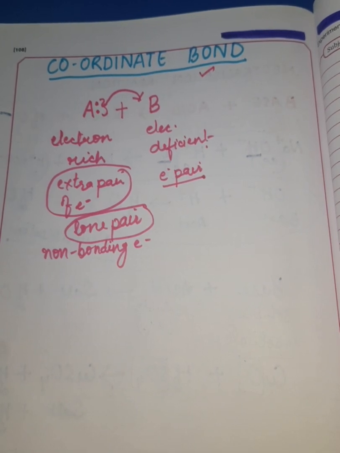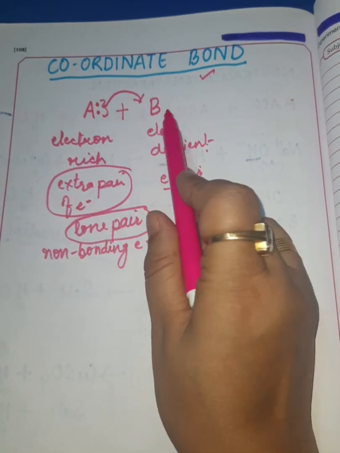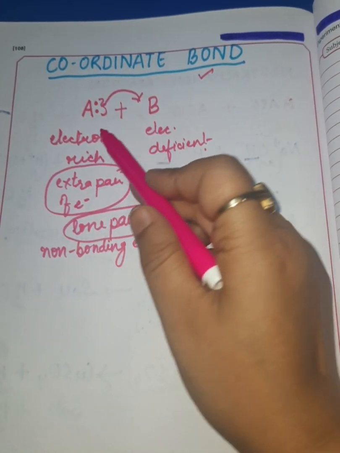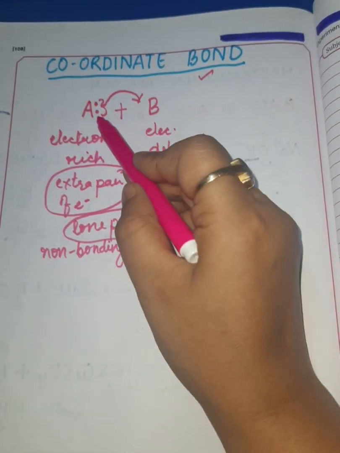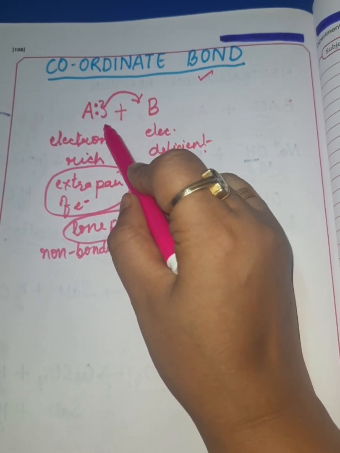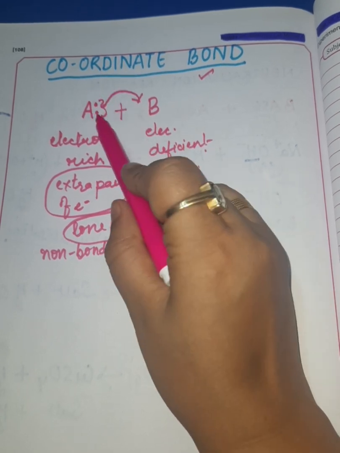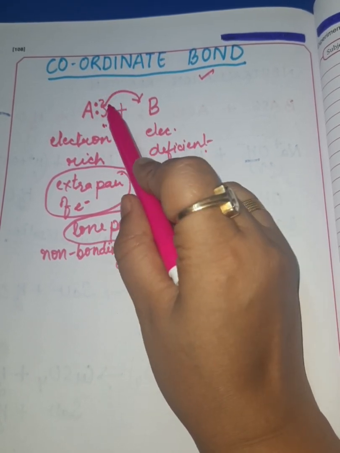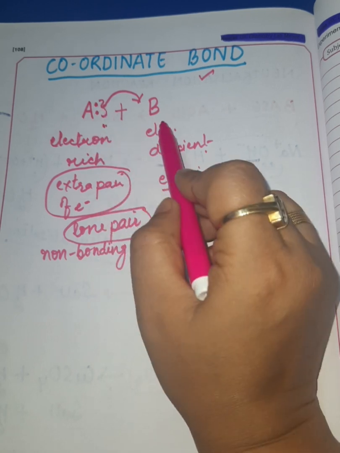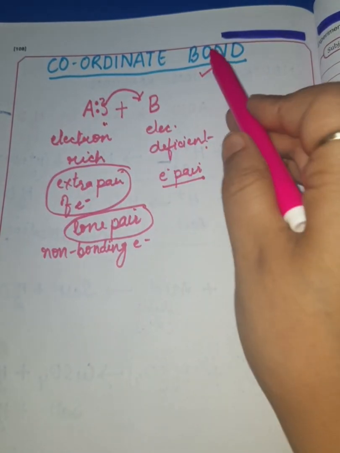So coordinate bond can be defined as a bond formed between two atoms in such a way that the electron pair involved in the sharing belongs to only one atom. That means one atom only shares both its electrons with the other atom. Then the bond so formed will be called a coordinate bond.